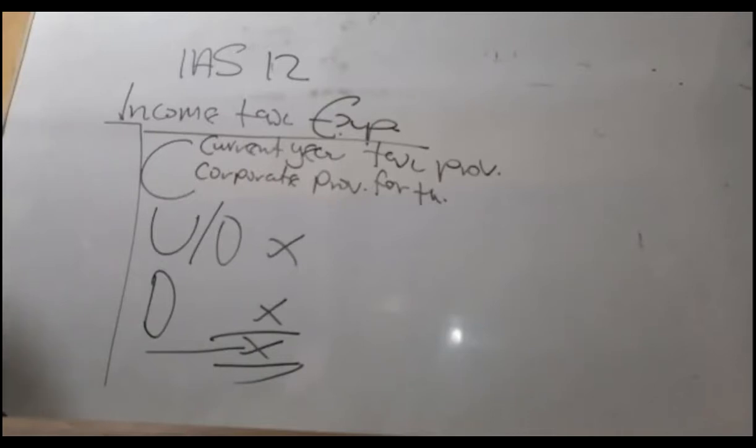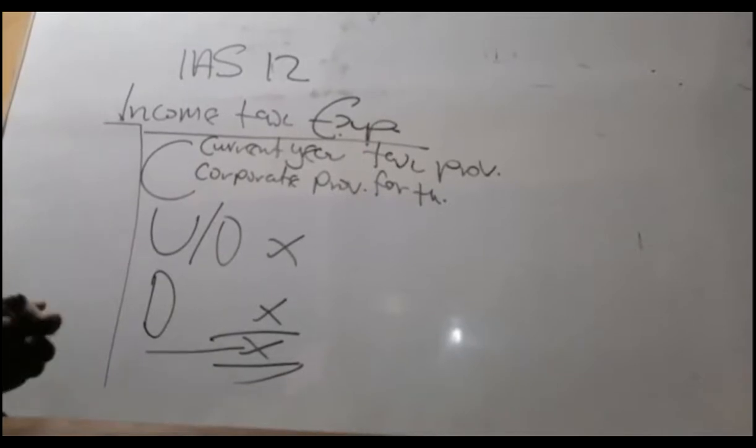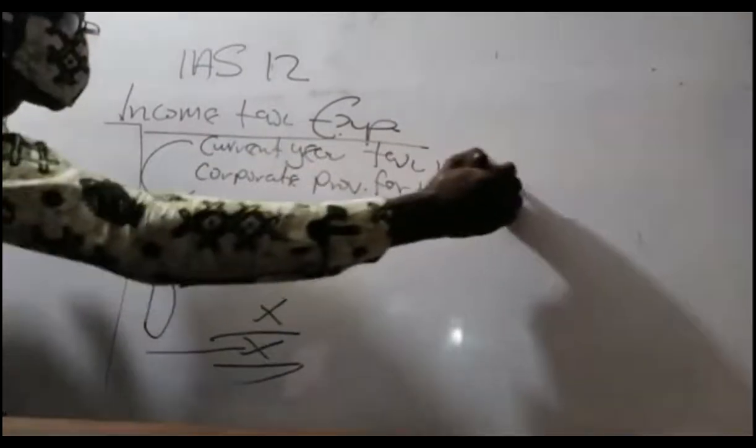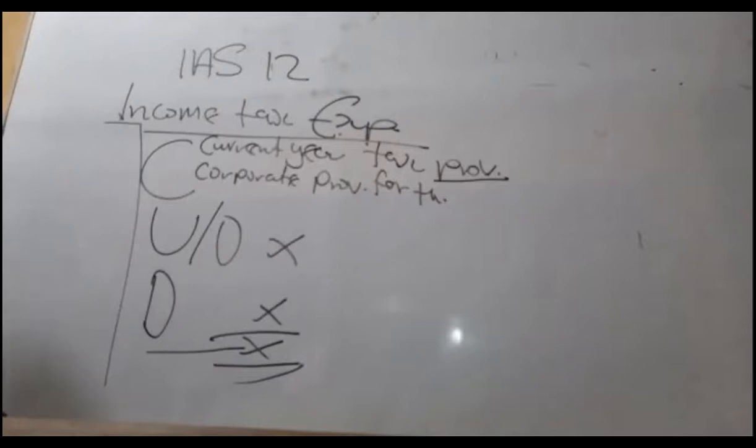So we just make a mere provision or estimate for now. That's what we call current year tax provision, or current year tax estimate. It's an estimate, so you have to make estimates in the books. Then you are done.